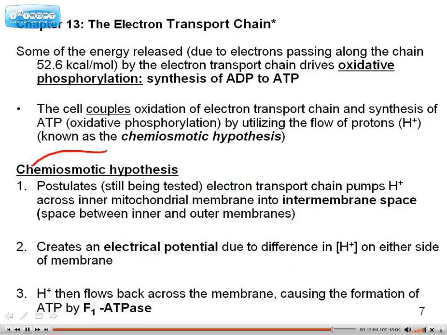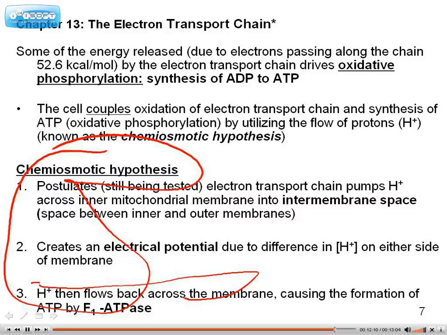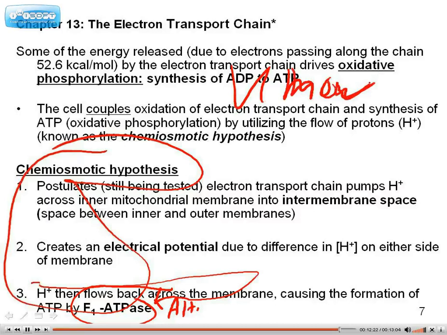So we talked about these three steps which make up the chemiosmotic process. And the last one, hydrogen ions flow back into the ATP synthase. The alternate name for ATP synthase is F1 ATPase. Yes, you need to know all of this.